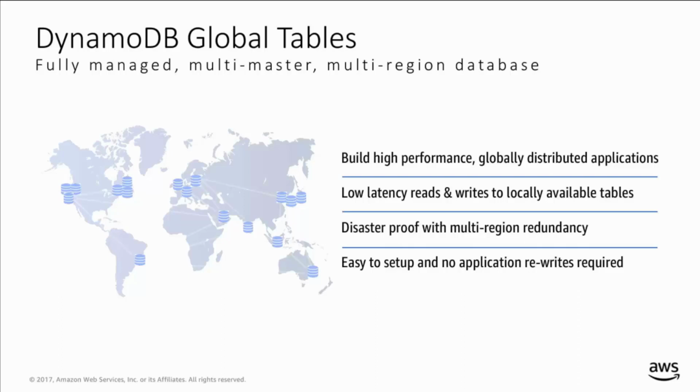The two use cases that Global Tables is designed for are disaster recovery or business continuity, because it allows you to replicate your data seamlessly between multiple regions. Also, it allows your applications to provide data where the users are, so geo availability of your data and low latency. Global Tables are really easy to set up, and there's no requirement to rewrite your applications to use Global Tables.